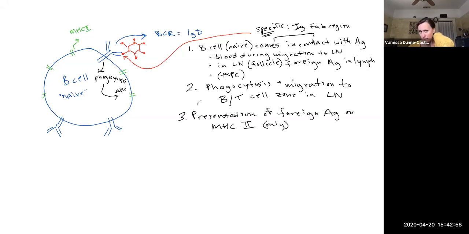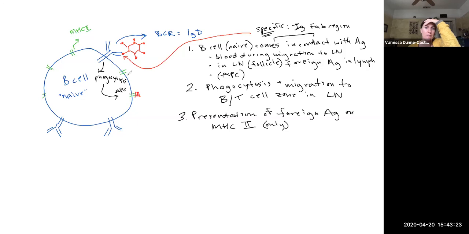Now, the cool thing about B cells is that even though this requires a highly specific receptor engagement here, the process of phagocytosis means that whatever this thing is, if it's a whole virion particle, the whole thing will get digested, just as we talked about with macrophages and dendritic cells. And as an antigen presenting cell, this will present not just the little epitope that caused the activation of this cell, but anything, right?